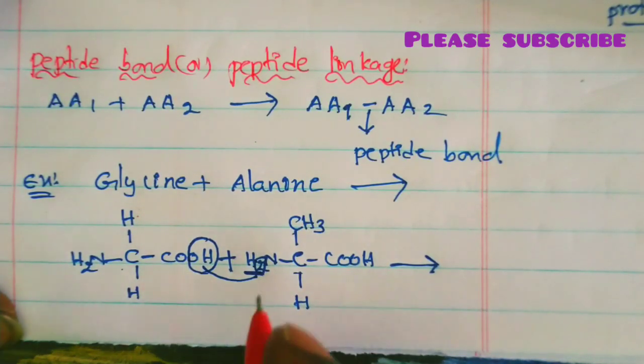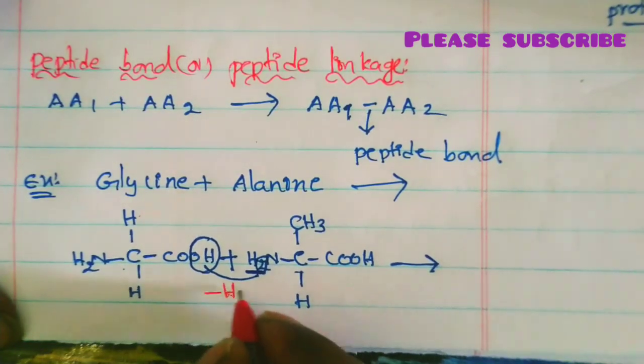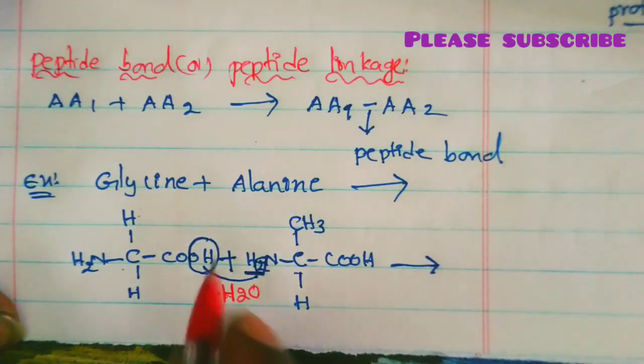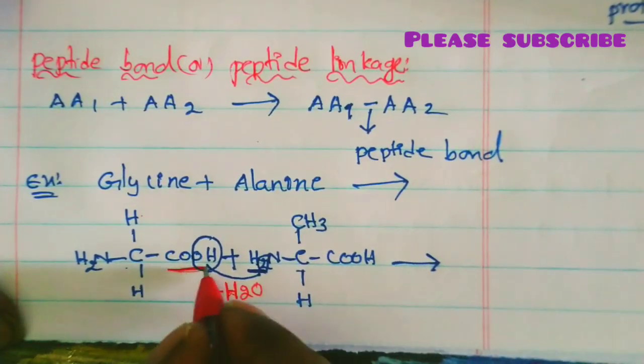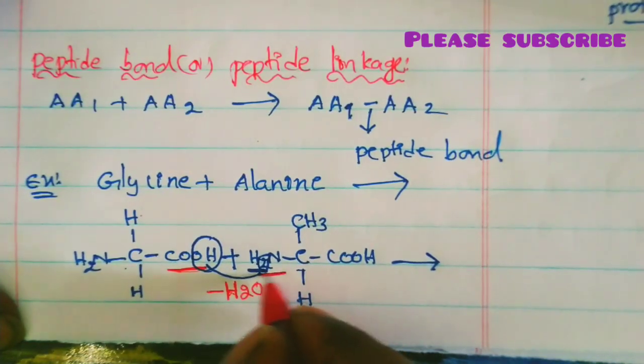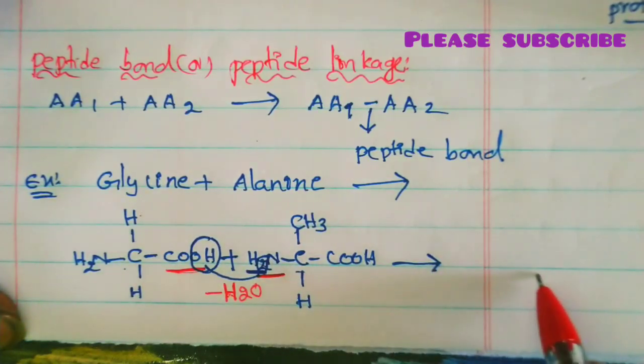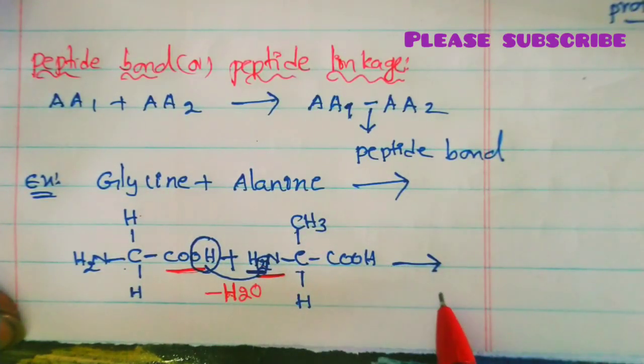That means, if you remove the water molecule, the groups involved in peptide linkage are carboxylic acid and amine group, NH2. Both react, they form one bond. That bond is called as a peptide bond.